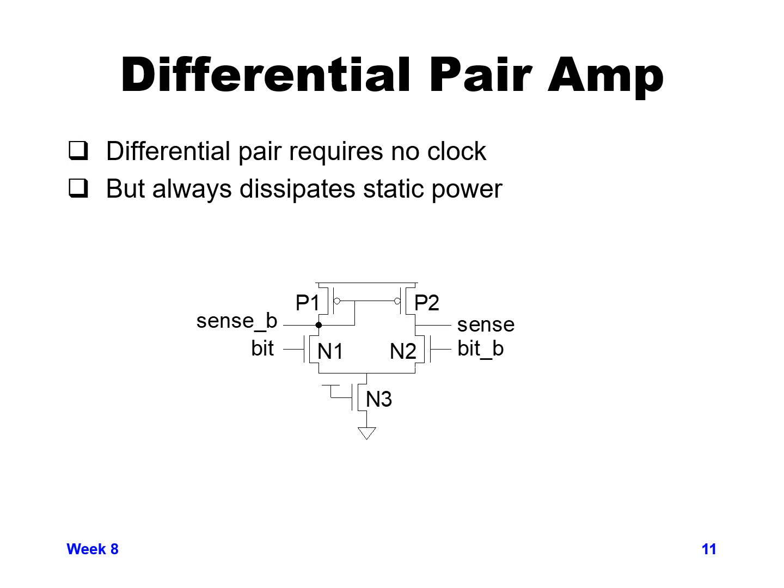Here is shown an example of a differential pair amplifier. This might look familiar to those of you who have been in EE 323 at Oregon Tech.